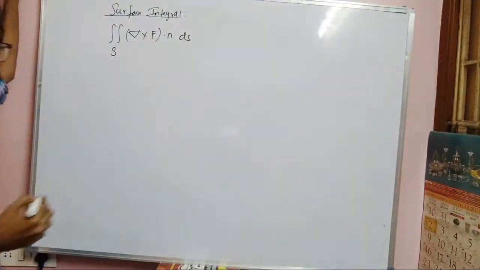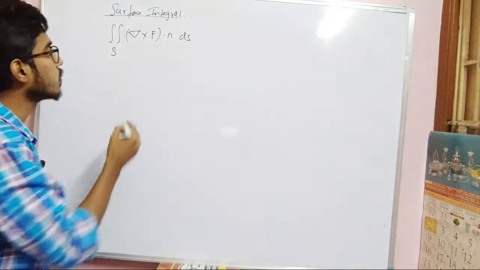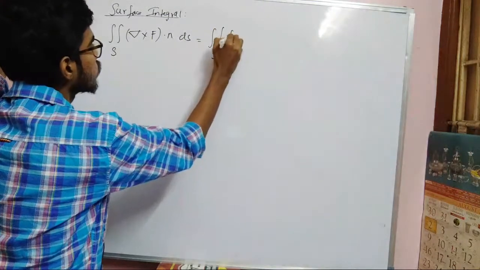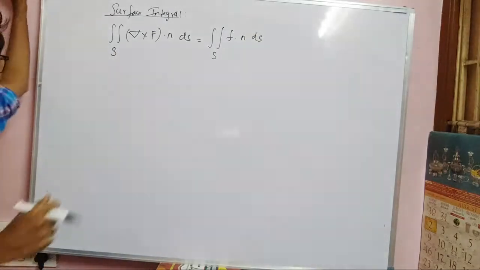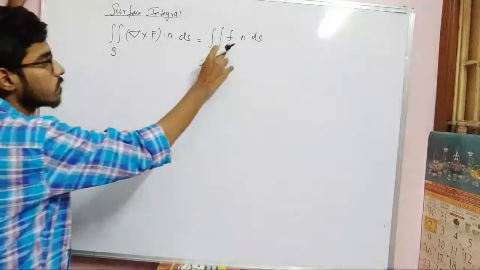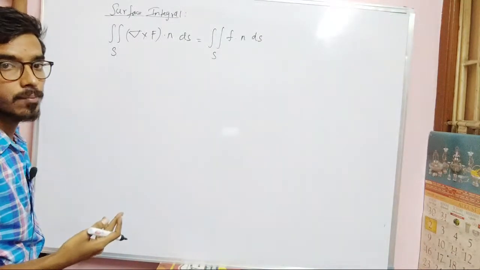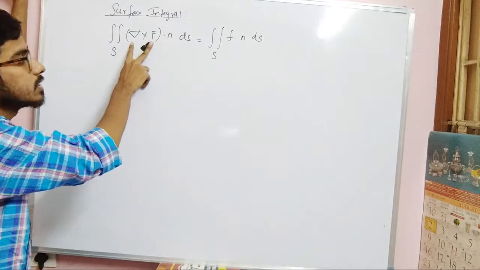This is the formula to find the surface integral. They can also give the double integral over S of small f dot n dS, where small f means del cross capital F. If they give small f, you can directly substitute here. If they give capital F, you need to find del cross F.